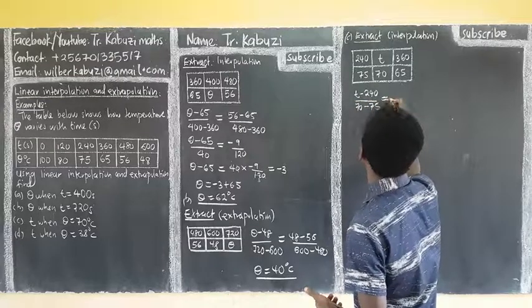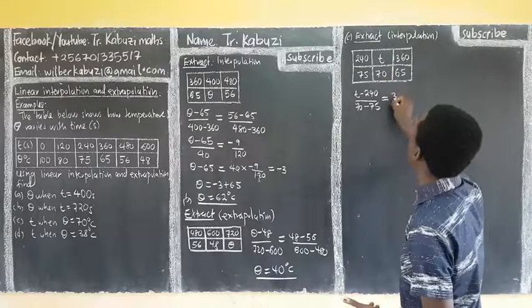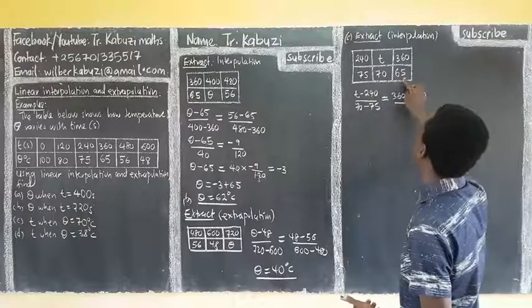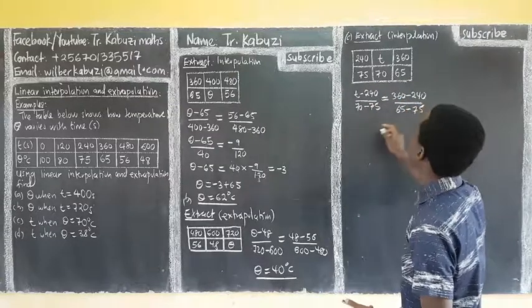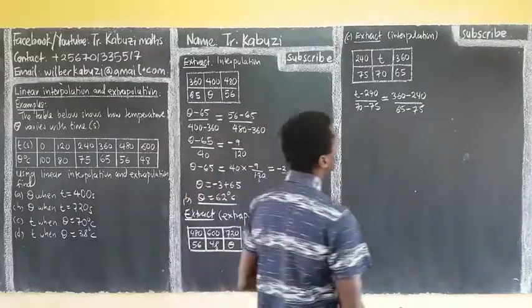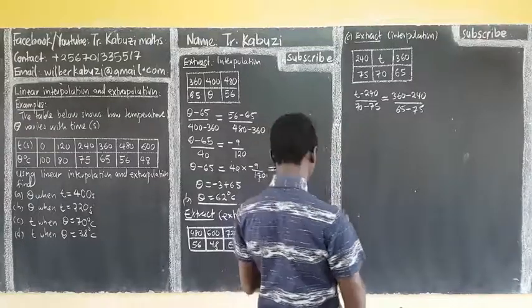75 equaling to. Now we take these ones without unknowns. This minus this, 240, the whole over this and this, minus 75. From here, straight away give us the answer. Don't waste a lot of time. Okay, so let me get my answer there.